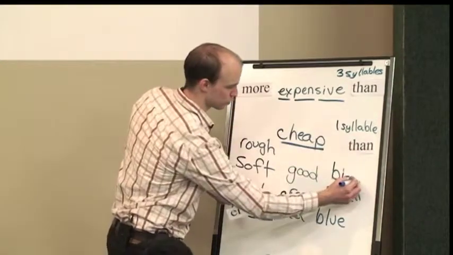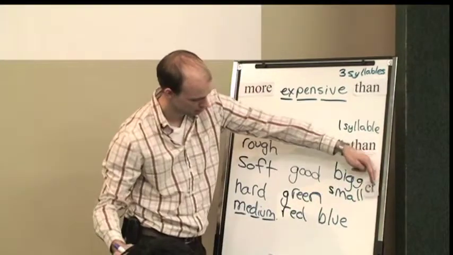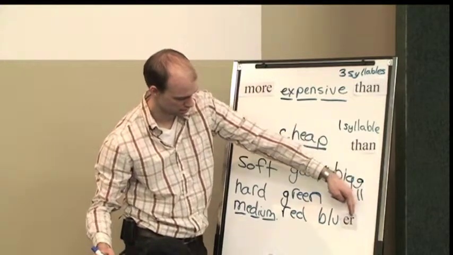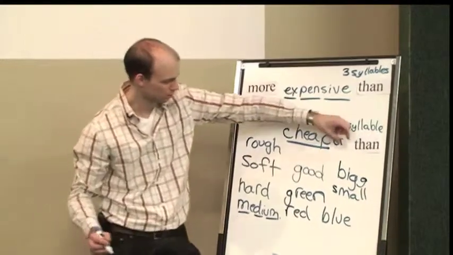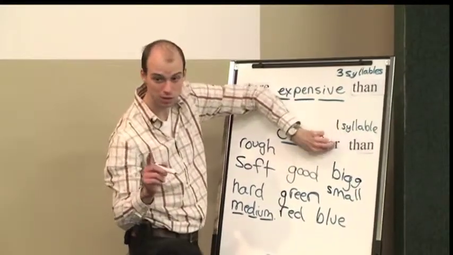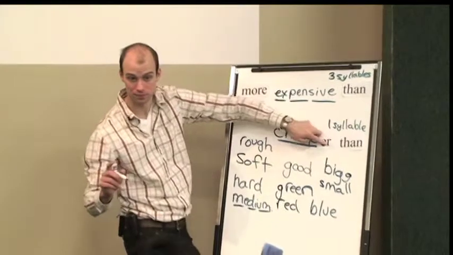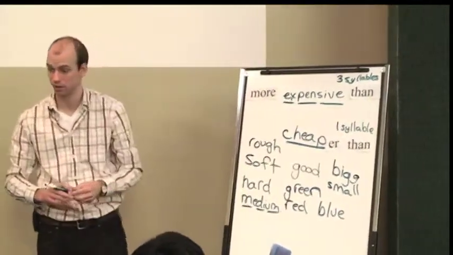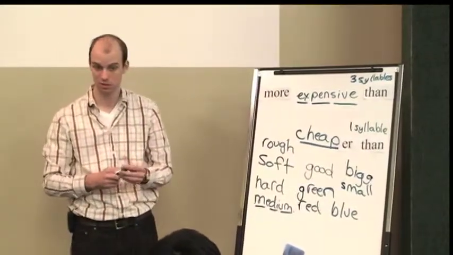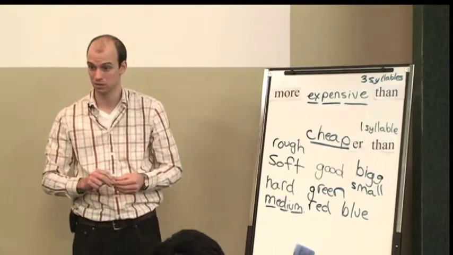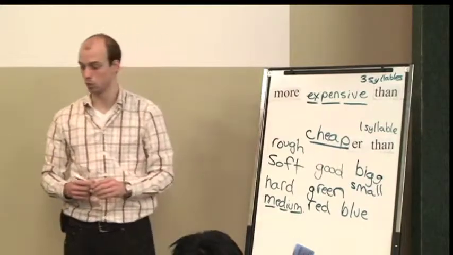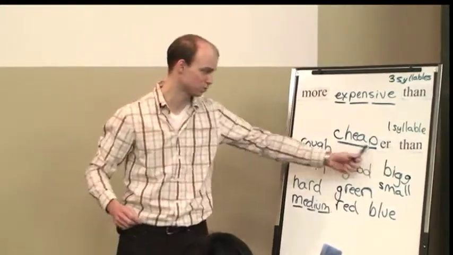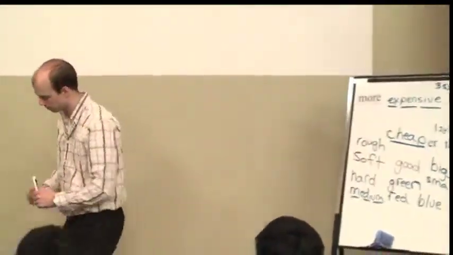We'd have to add an extra G here. Bigger, smaller, bluer. So, there's 1 syllable. What ending do we use? ER. If it's 3 syllables, what do we use? More, whatever your word is, than. No endings to the words, really, except if it's 1 syllable. You use ER. Good.